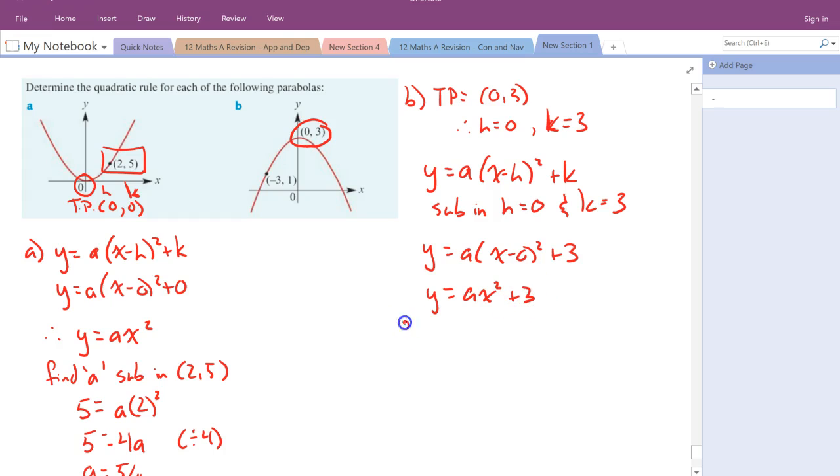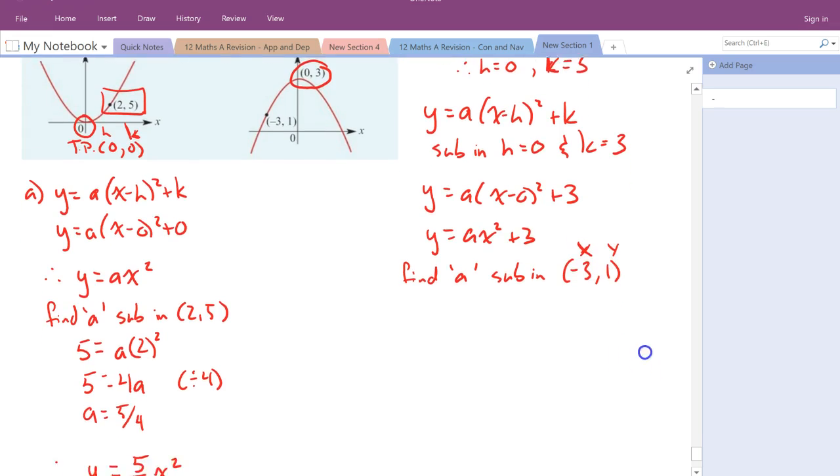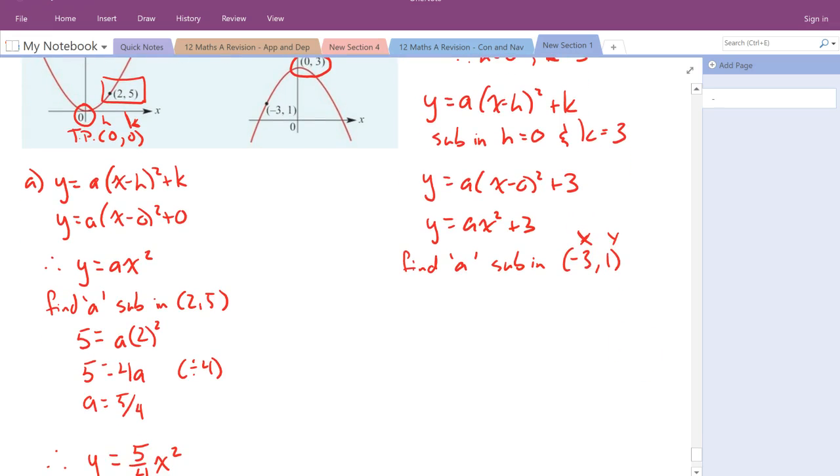Now we're going to find a by subbing in our other point, which is negative 3, 1. And guys, remember, that's your x, that's your y. I write those above sometimes because I run into trouble making silly errors by subbing the wrong ones in. So we substitute 1 in for y.